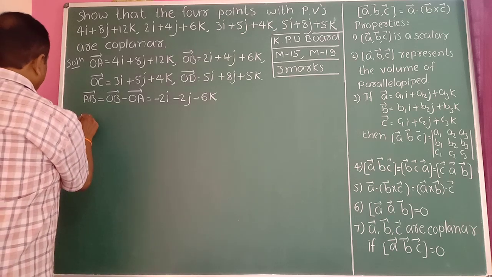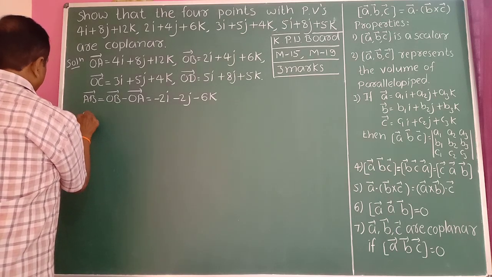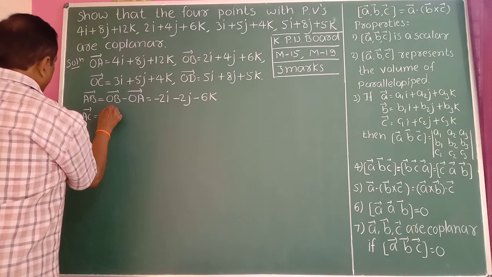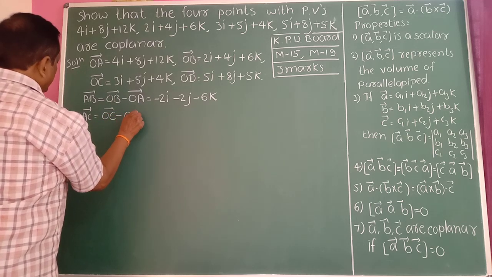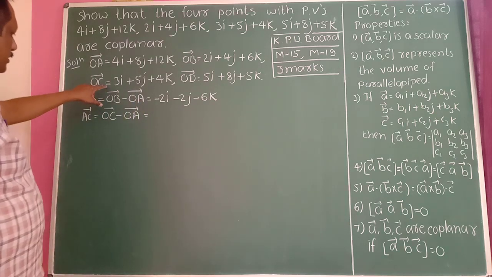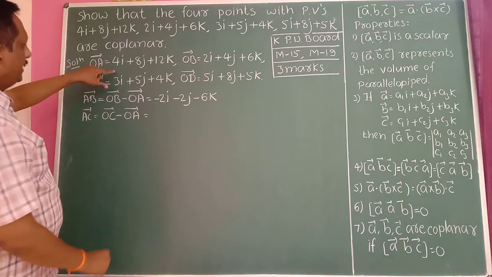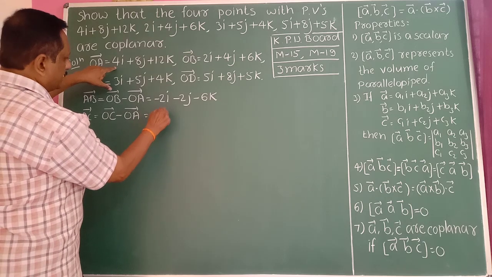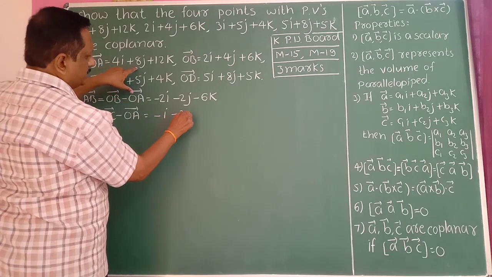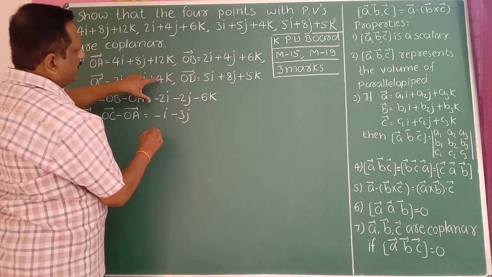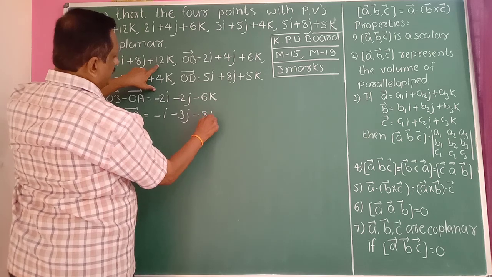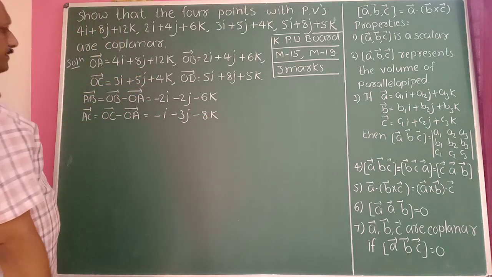Then AC. The vector AC is equal to OC minus OA. 3i minus 4i gives minus i. 5j minus 8j is minus 3j. 4k minus 12k is minus 8k.